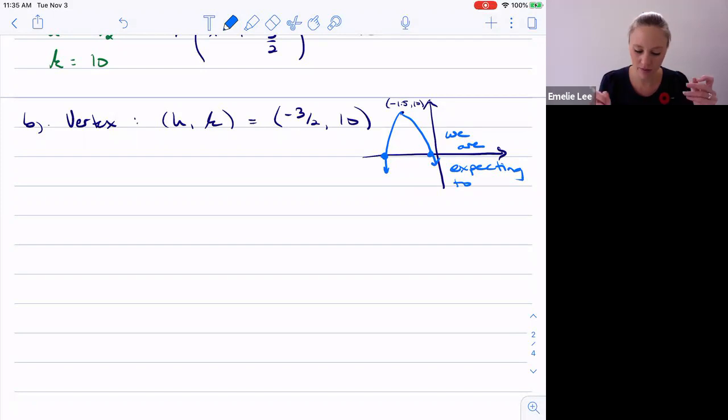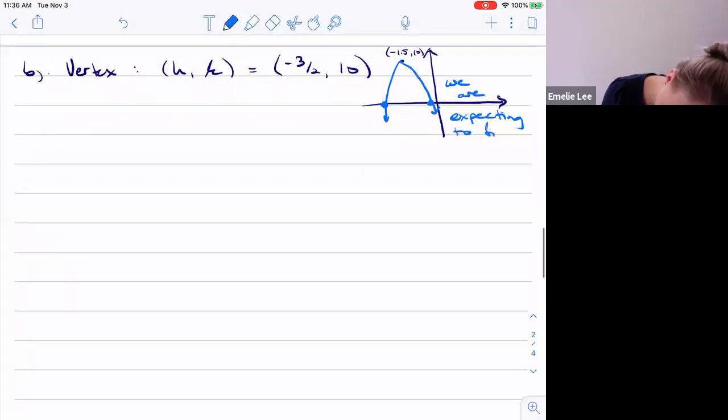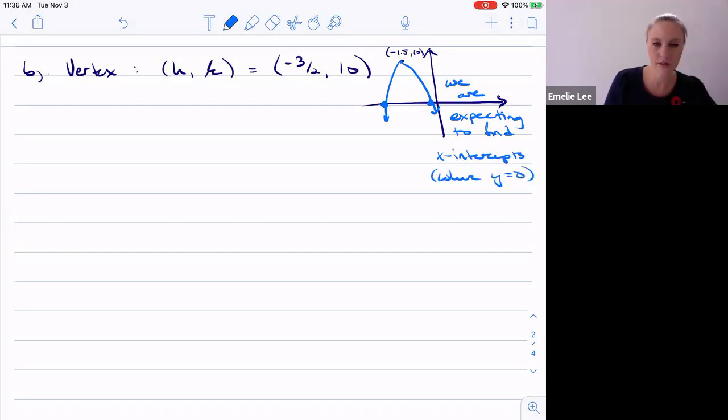There was one time that we did this where the vertex was down here, let's say, and it was pointing down. In that case, we don't expect to find any x-intercepts, right? So this is just a check-in point. Am I expecting to find x-intercepts? X-intercepts are where it crosses the x-axis, right? So we're expecting to find x-intercepts, which is where y equals 0. Okay.